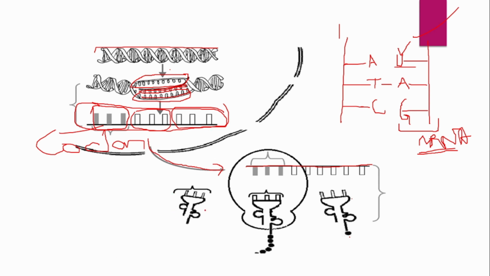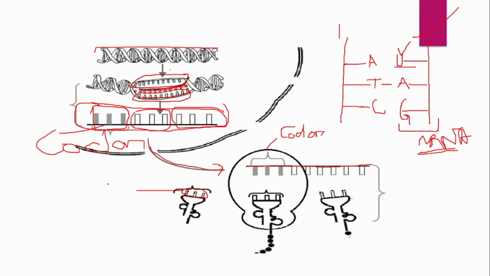We have messenger RNA here with the codons. Transfer RNA also has three bases, a triplet.